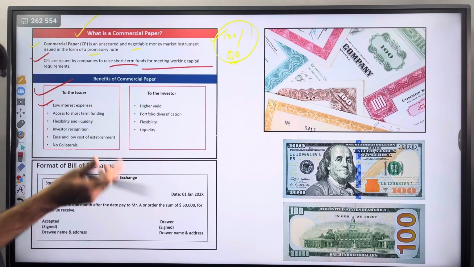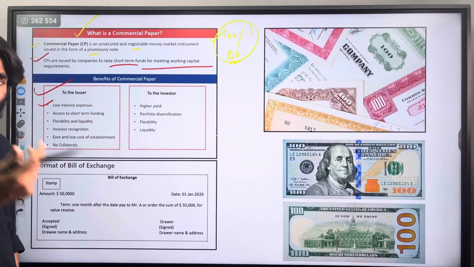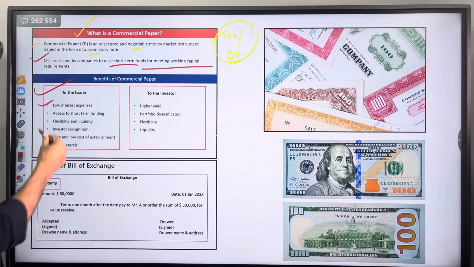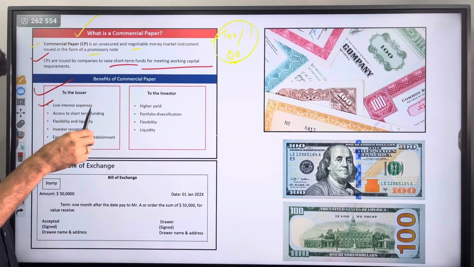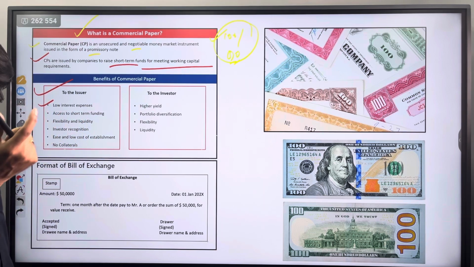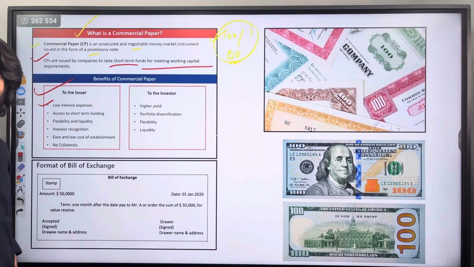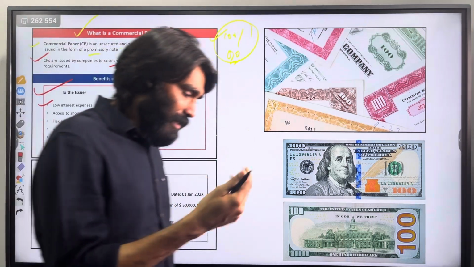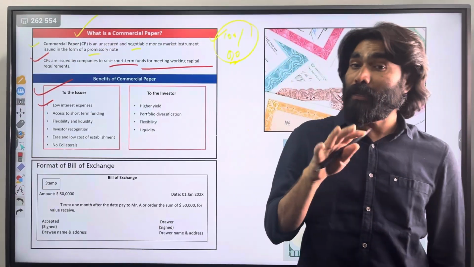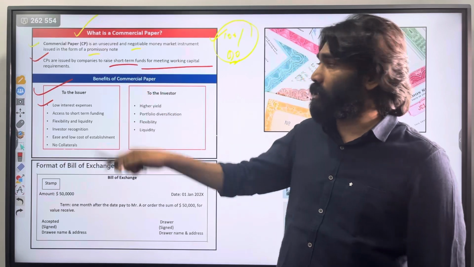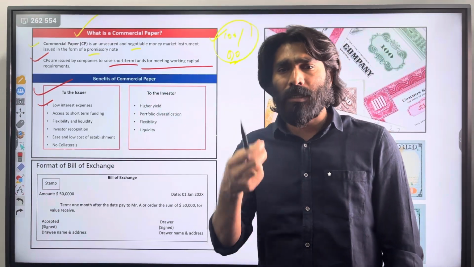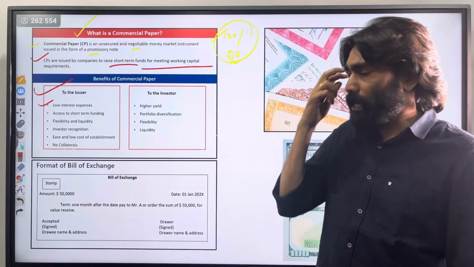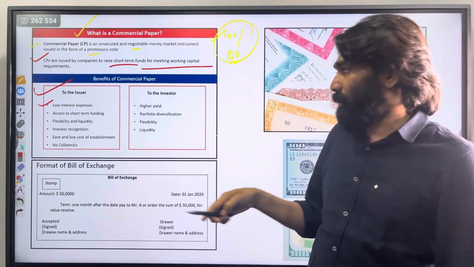If they raise capital this way, their interest payment is very low compared to personal loans, business loans, term loans and other loans, and even the expenditure attached to investments. If you raise funds through bonds or loans, it's a time-consuming process and takes time to get the instruments listed in the market. It's a very lengthy process. But through the commercial paper process, I can raise funds within a week and meet my working capital requirement.